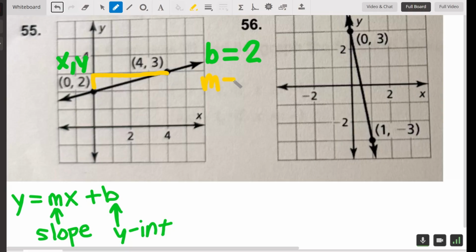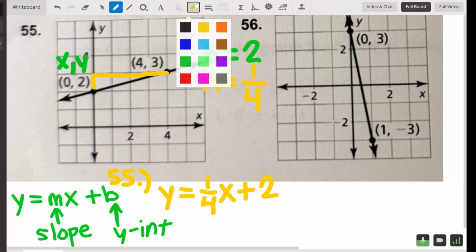M is equal to 1 over 4. How would I write that? Y equals M is 1 over 4. So again, this is for number 55. Y equals 1 over 4 x plus 2. Plus 2 was my y-intercept.